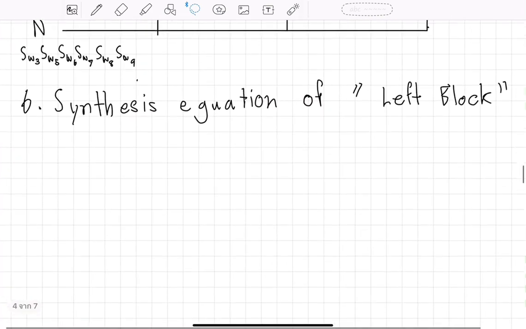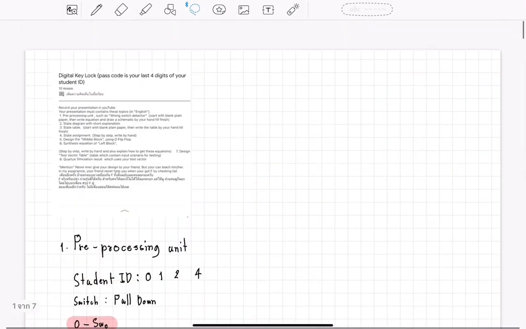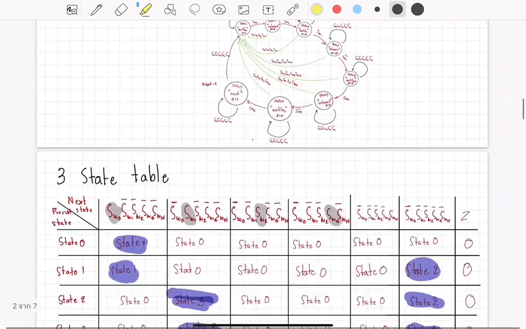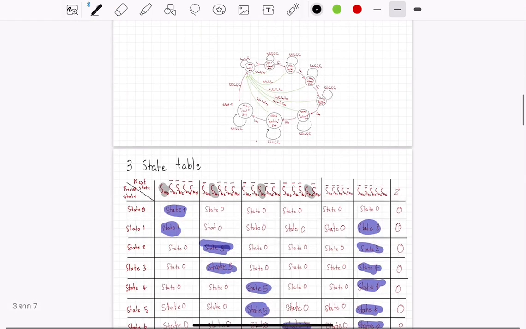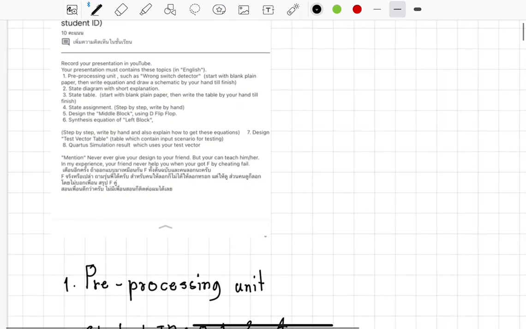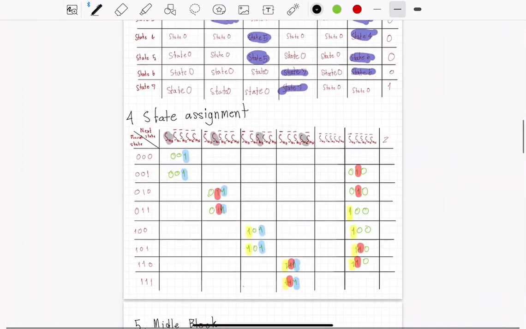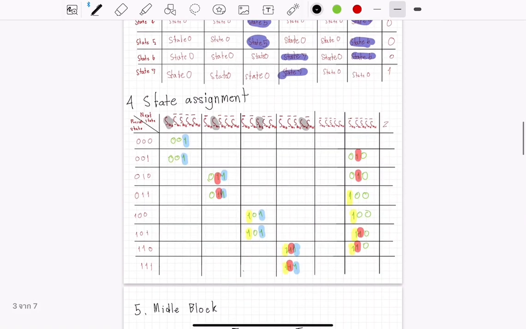Okay, next is the synthesis equation of flip flop. That's the synthesis equation. I'm sorry, that is Q. Okay, equation. Alright, I transform the state diagram to the synthesis equation of flip flop.